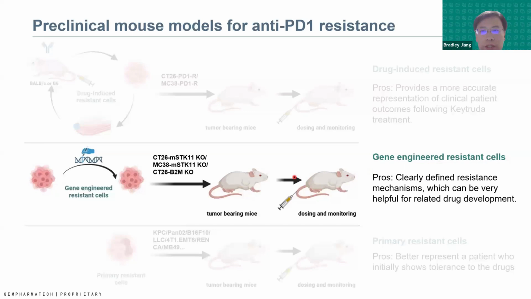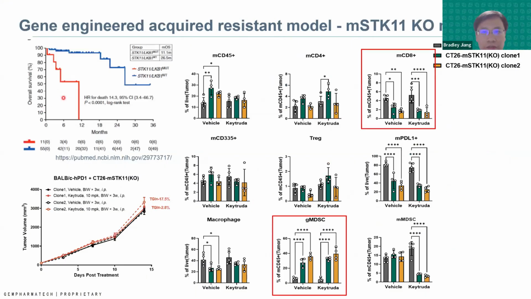The second way to get a resistant cell line is using gene engineering to modify the cell line to carry a specific mutation, which leads to resistance to Keytruda treatment in a clear manner. STK11 deficiency has been linked to resistance to immunotherapy, particularly in patients with KRAS-driven lung adenocarcinoma.